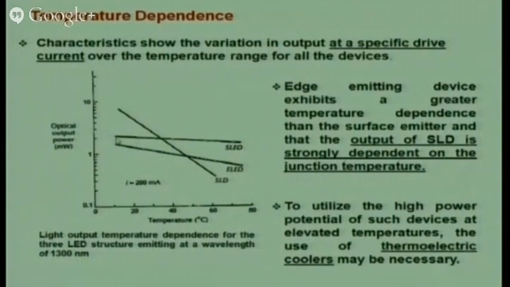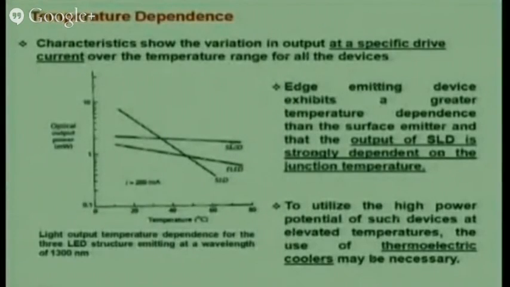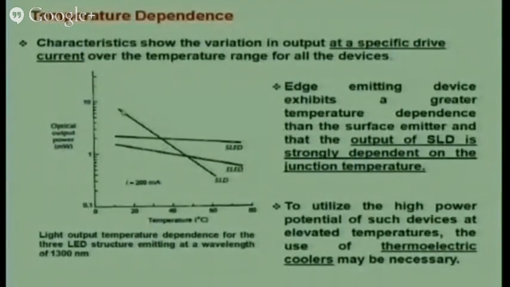That means the Q point, the quiescent point at the receiver end, I must control that, isn't it? If I digitally modulate, then the digital signal will keep on oscillating because of the temperature effect, right? So you can see LEDs are slightly more sensitive to temperature, and SLEDs, superluminescent diodes, are more sensitive to temperature.